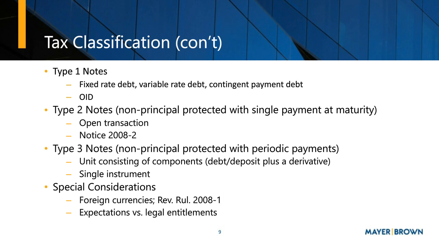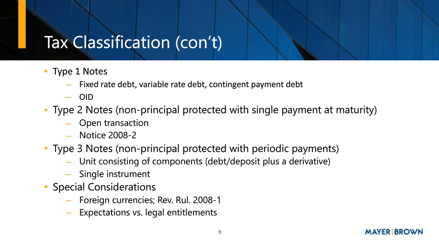So it's as if the investor purchased a debt instrument or deposited a certain sum of money and is the writer of a put option. And so the investor would receive interest on the debt or deposit and would receive put premium under that put option derivative contract.